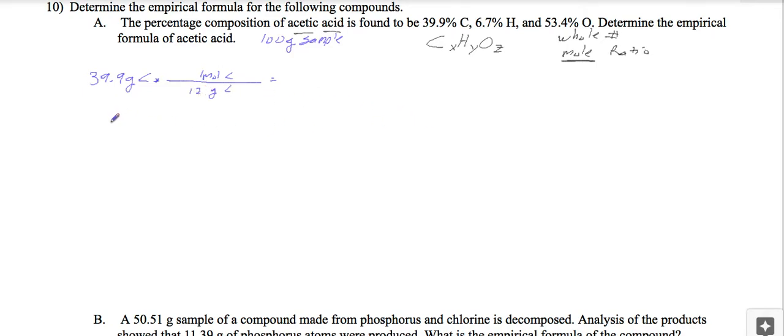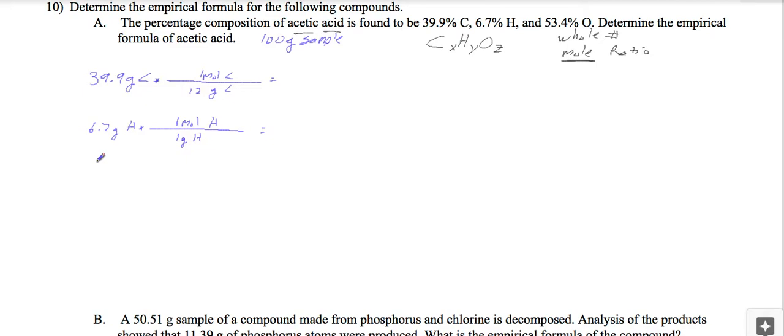We can do the next one, which is the hydrogen, 6.7 grams of hydrogen. 1 mole of hydrogen is 1 gram. I'm rounding these values just a little bit, guys. So if you use like 12.01 and 1.008 here, you'll come up with just slightly different numbers than I do, but the overall answer will still be the same.